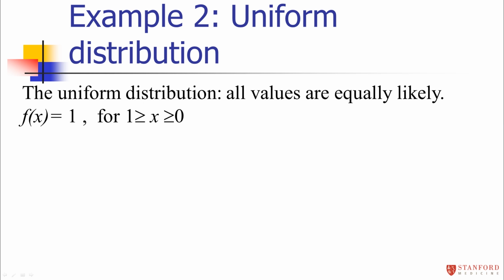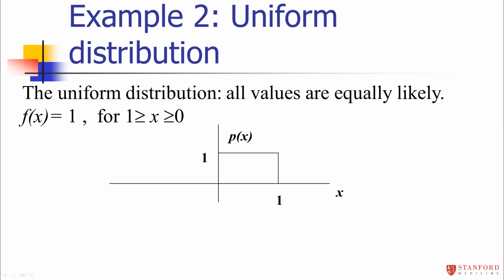Another example of a useful continuous probability function is the uniform distribution. It's a very simple, nice little function, so it's easy for illustrating some of these concepts. So the uniform distribution is just a distribution where x can only take on values between 0 and 1, and they all have equal probability, hence it's uniform.